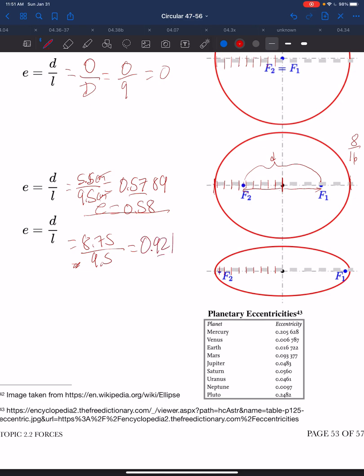We have two significant digits, so 0.92 is the eccentricity. So that's how we would compute the eccentricities of orbits.